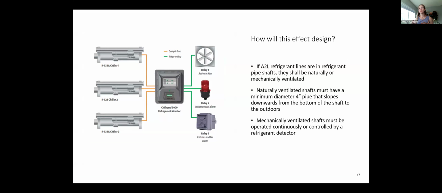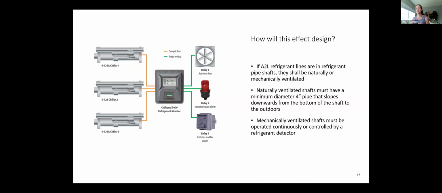If these refrigerant lines are in refrigerant pipe shafts, they are required to be naturally or mechanically ventilated. There are different requirements for the natural ventilation or the mechanical ventilation. And this is just a quick summary, and I'm making a very complicated issue seem not complicated.